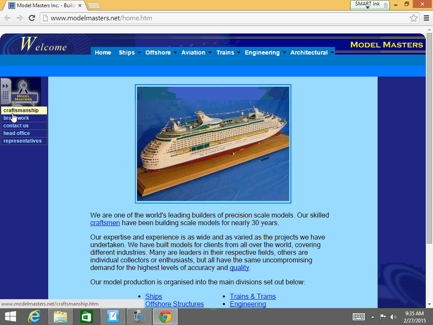So this is a scale model. A scale model is a way to represent something really large in a smaller format, or something really small in a larger format. For example, the Earth. There's a scale model of the Earth called a globe.